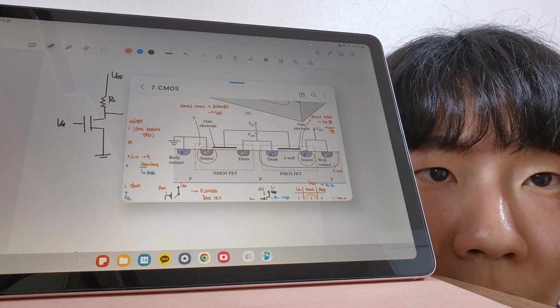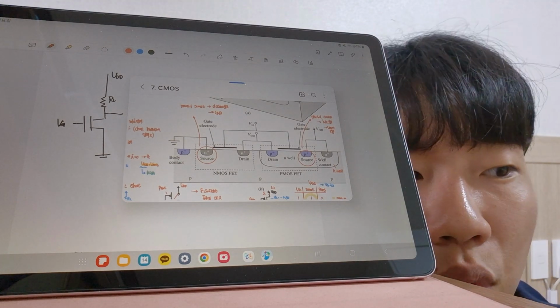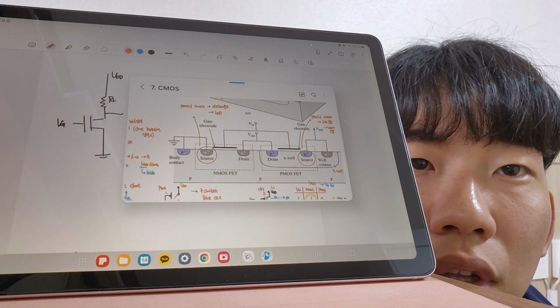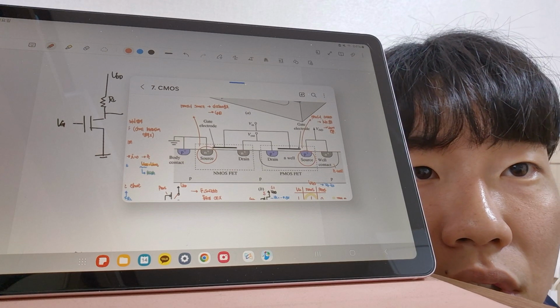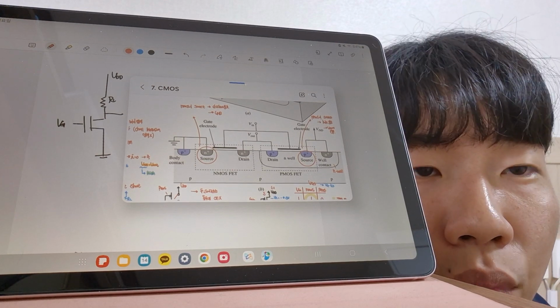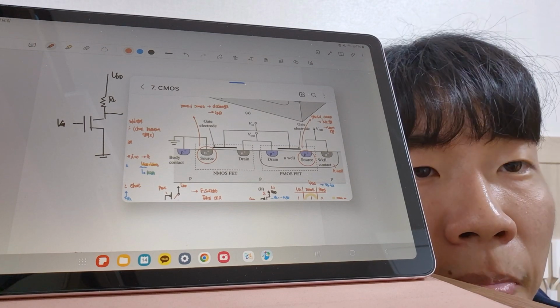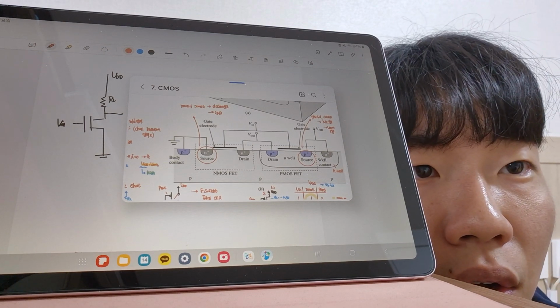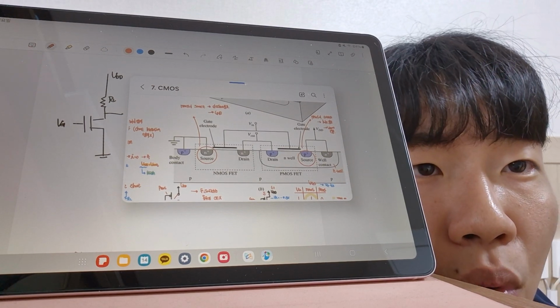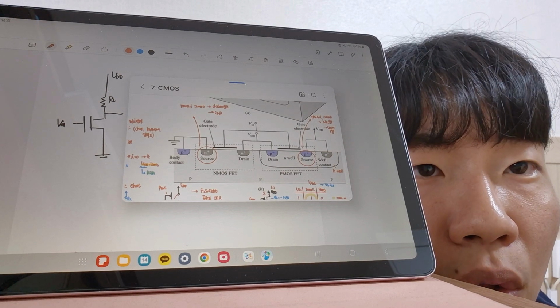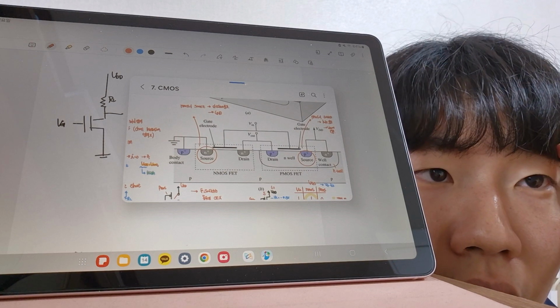In a P-type substrate, generally we think of this as NMOS, because if there is inversion at the body surface it becomes n-type, so we call this NMOS.